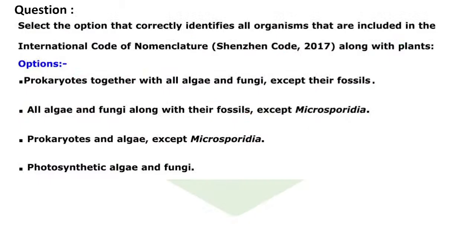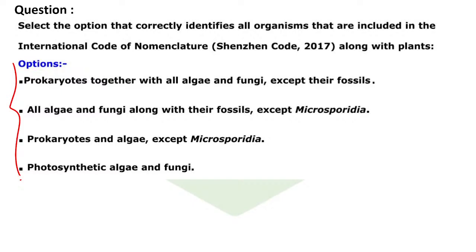Next question. Select the option that correctly identifies all the organisms that are included in the International Code of Nomenclature. You need to select the option that identifies all the organisms that are there in the International Code of Nomenclature along with the plants. First one is prokaryotes together with all algae and fungi except their fossils.